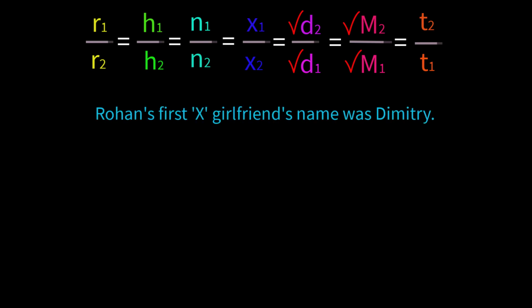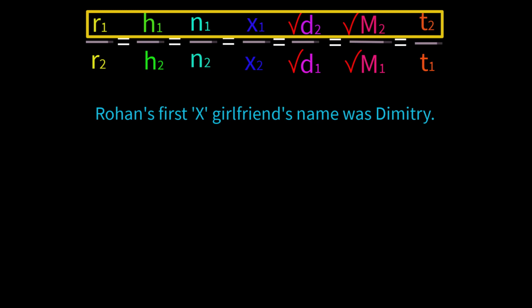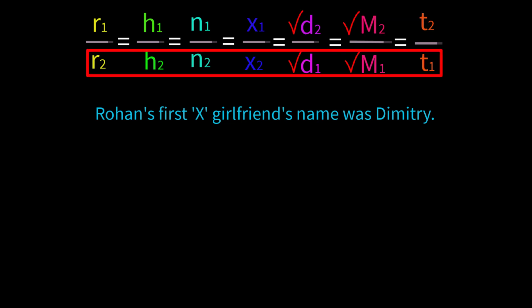That is, Rohan's first ex-girlfriend's name was Dimitri. This sentence is only applicable for numerators. If we can get the numerators and their numbers, then automatically we will get denominators and their numbers respectively.